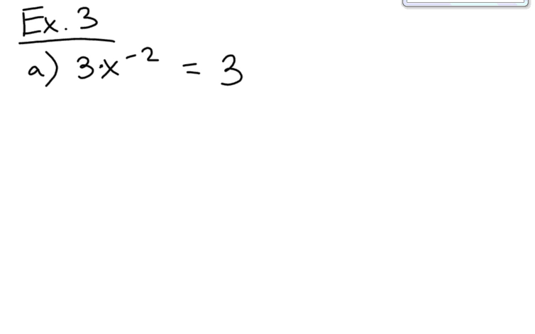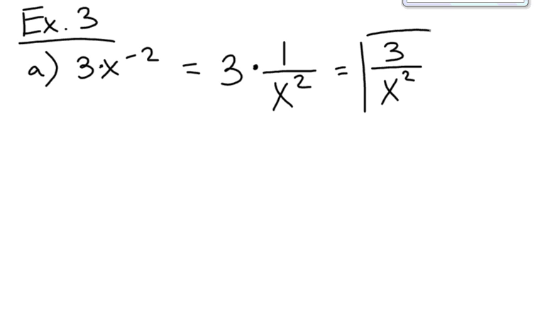So I have 3 times x to the negative 2 is going to be 1 over x to the positive 2. And then when I simplify that, that's just going to become 3 over x squared. And x squared, we don't know what it is, so we leave it as x squared, and this is considered simplified.